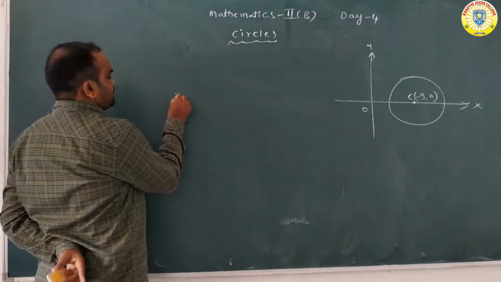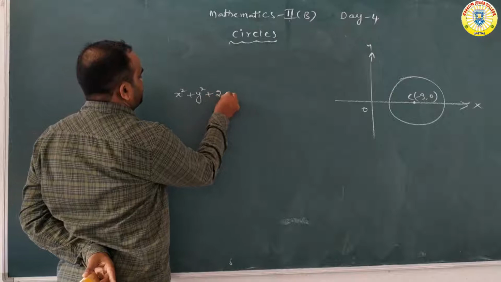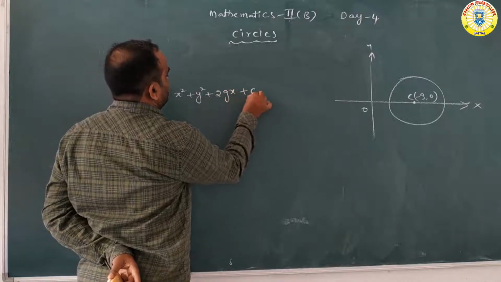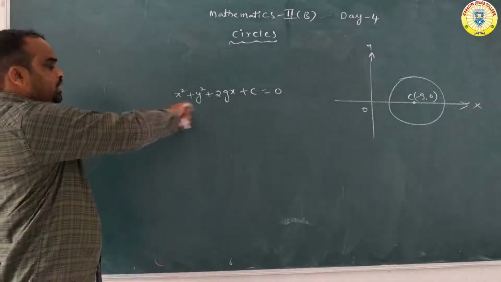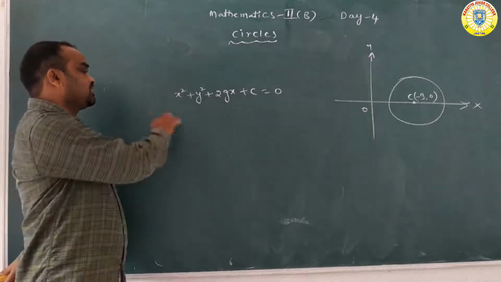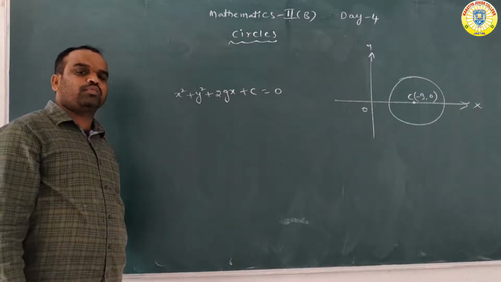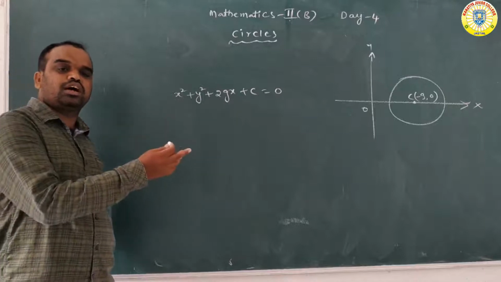In that case, the general form of the circle equation is x square plus y square plus 2gx plus c is equal to 0.